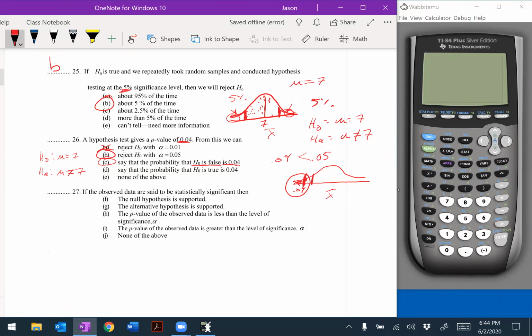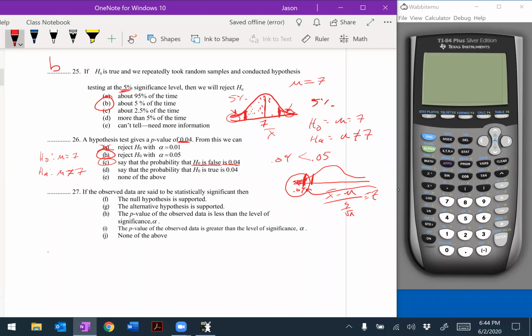It's x bar minus mu over s over the square root of n, which gives me my p-value. The p-value is the probability that H0 is false.